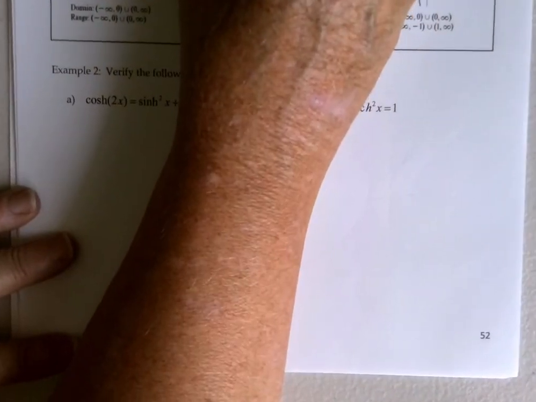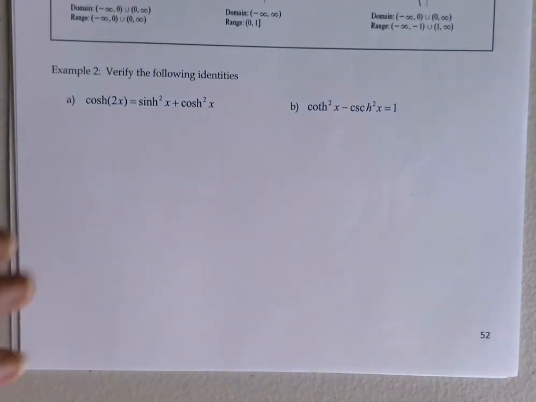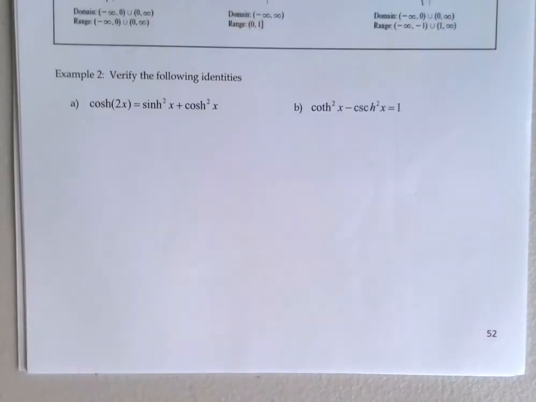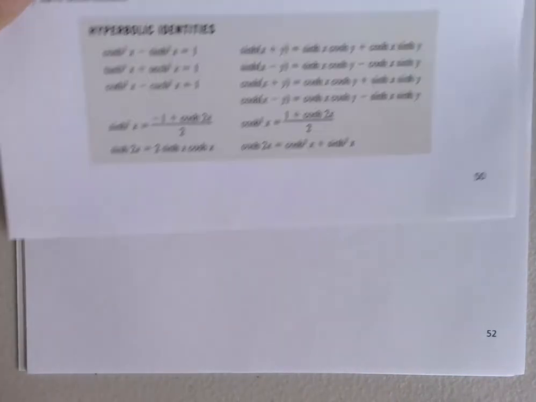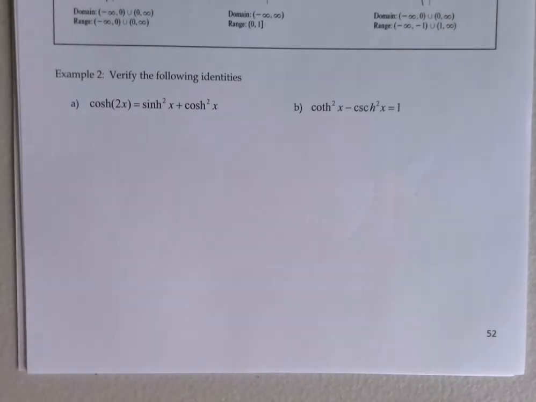In example 2, we would like to verify some hyperbolic identities. And this time, instead of necessarily going all the way back to the beginning, we're going to make use of some of the identities that were listed for us. So I'm going to take these identities as givens now, and based on these, we're going to try and verify those.